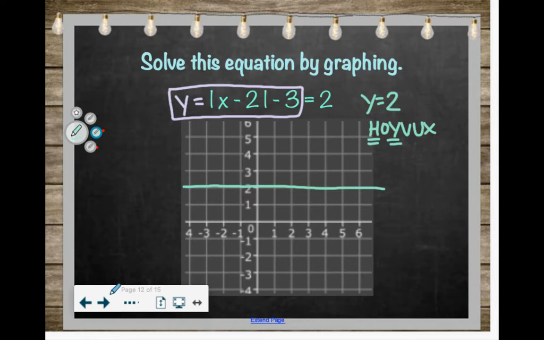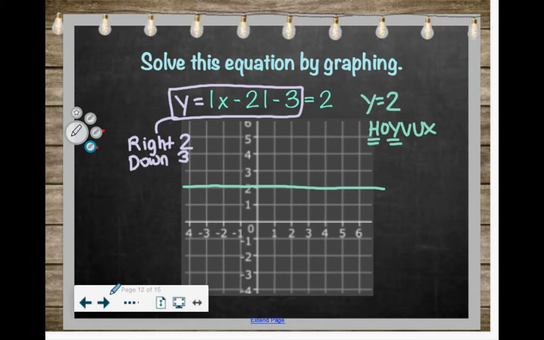And I'm looking for where the graph of what's on the other side crosses this. So we're going to need to graph the absolute value function and move it. There's a minus on the inside, so that's right 2. And then the minus on the outside goes down 3.